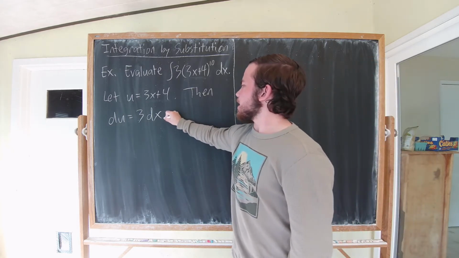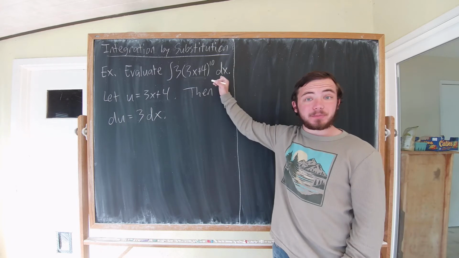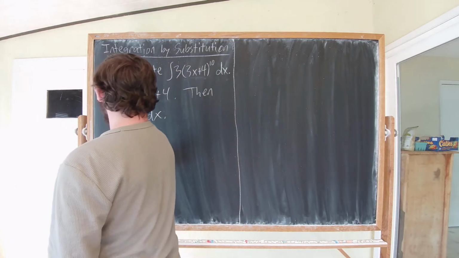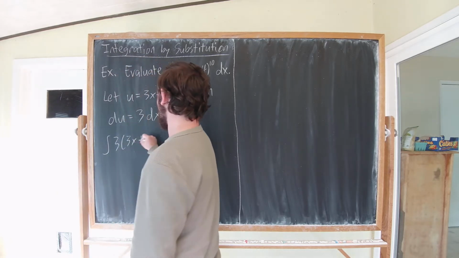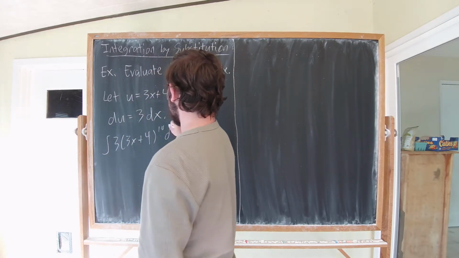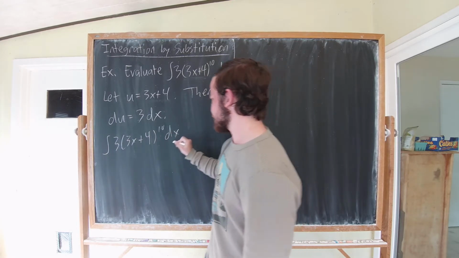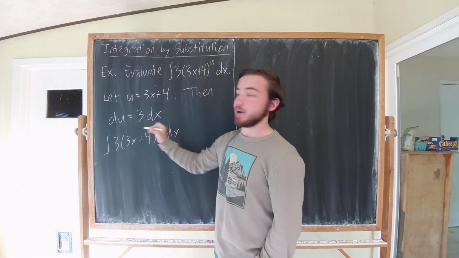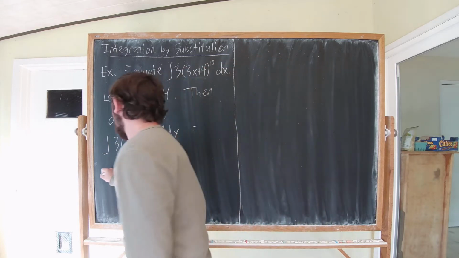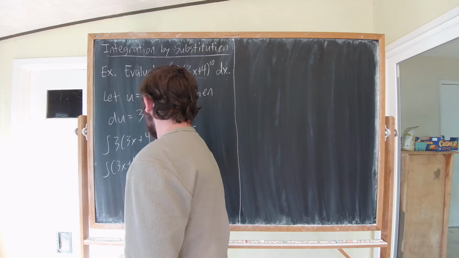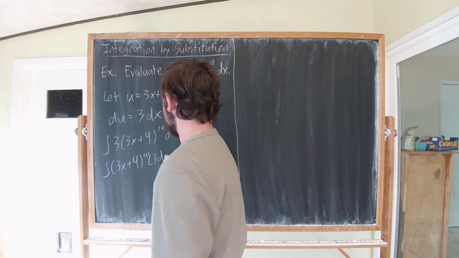And now, if we plug both of those substitutions into our integral, we see that the integral of 3 times (3x plus 4) to the 10th dx, let's just group the 3 and the dx real fast, because that's what is grouped right here. That's equal to the integral of (3x plus 4) to the 10th power times 3 dx.